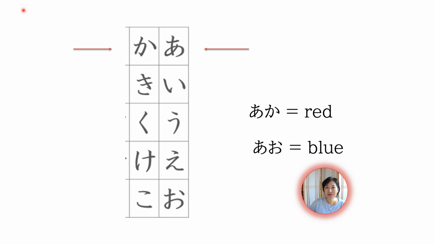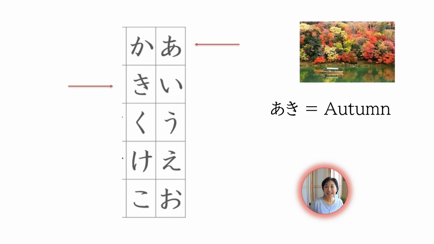So now you know 2 colors in Japanese. About these 2, please read. 読んでください。そうです。秋 and it means autumn, one of the 4 seasons Japan has.